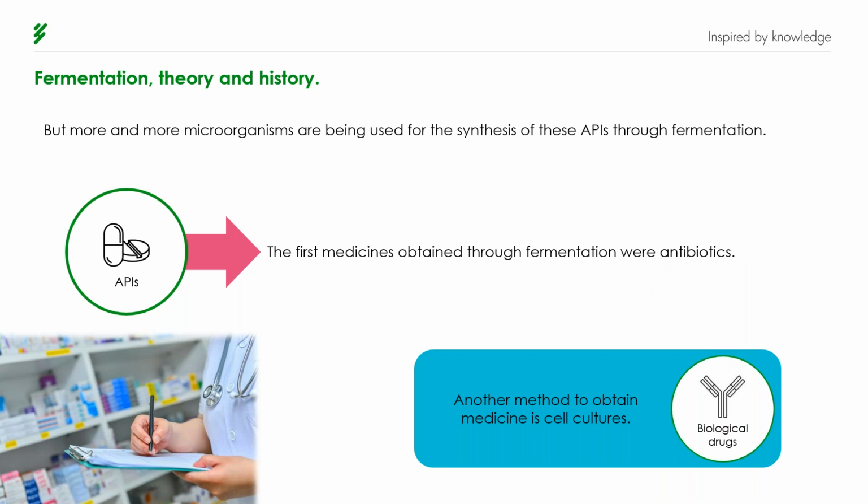But over the years, more and more microorganisms are being used for the synthesis of these APIs through fermentation. The first example was, as I said before, the antibiotics, penicillin in 1945, but since then other products came.